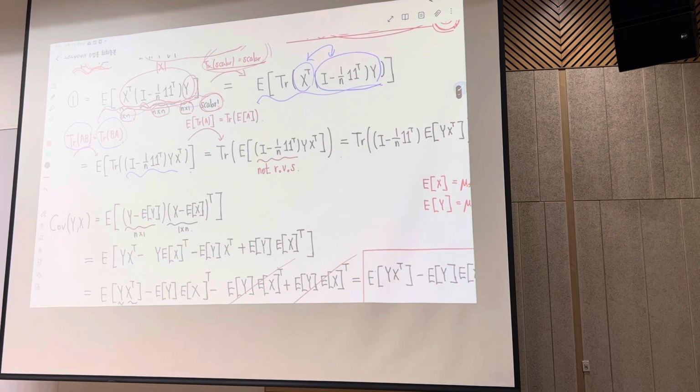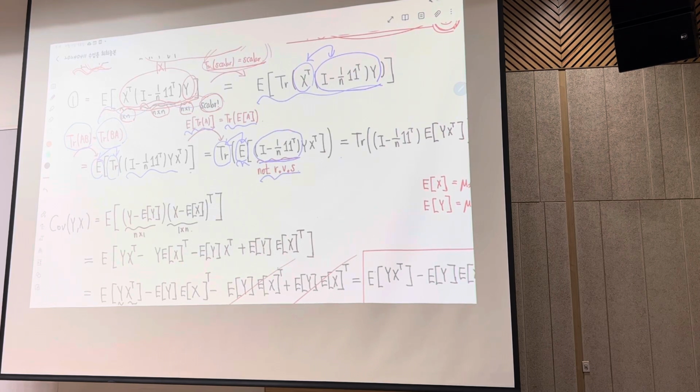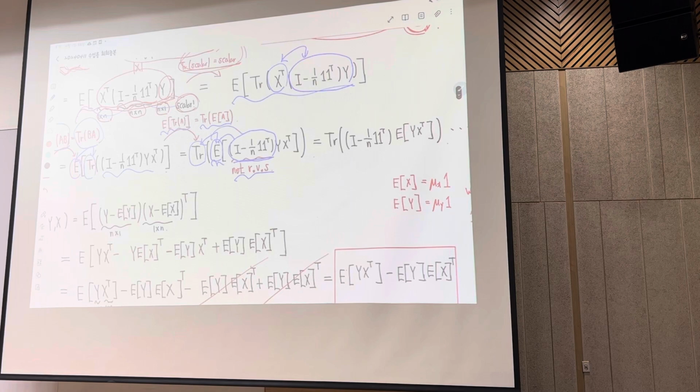And also, expectation of trace A is equal to trace of expectation A. So, switching these two, then in expectation of (I minus 1 over n 1 1 transpose), this term is not a random variable. So, it is not related with this expectation term. So, it can be cut out here.